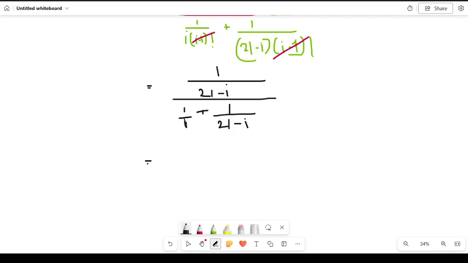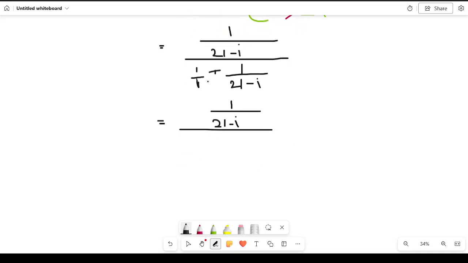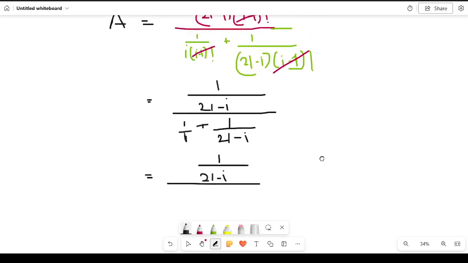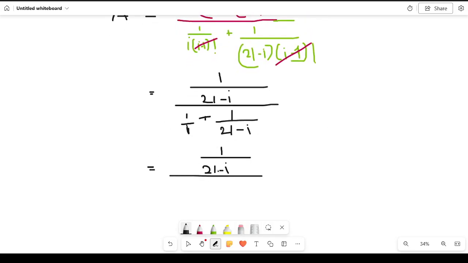Now if I take the LCM, I will get 1 upon (21 minus i), upon (21 minus i plus i) by (21 minus i) times i. 21 minus i plus i is 21.